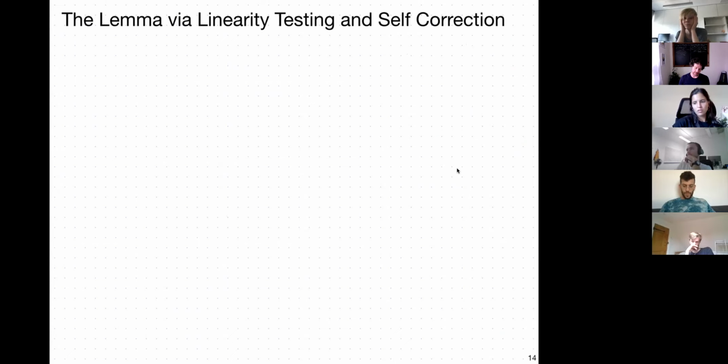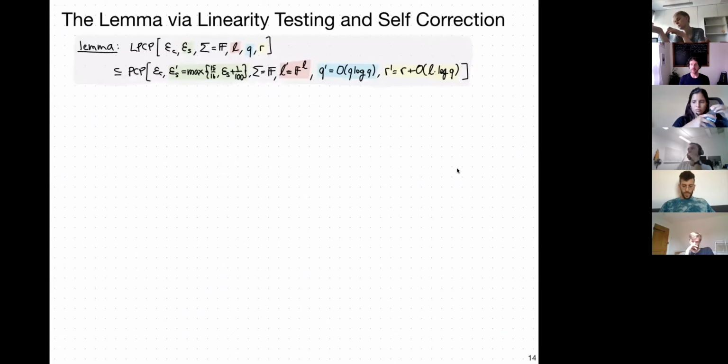I have a question. Why do you say that the queries in our LPCP are not random to begin with? Not the queries of the LPCP are not random, but the PCP that we constructed has correlations, and why are there correlations? Because we do a consistency check. Suppose I want to query this quadratic term x1 times x7.